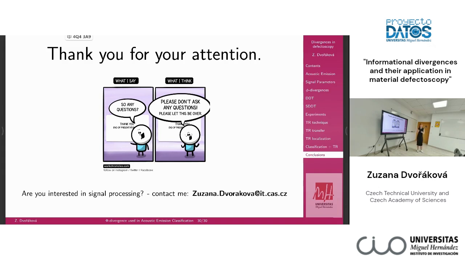And this is my work for the future, because after this, if I have lots of parameters, we can put them into some neural network and we can classify very well. For this data set, I had only a few measurements, so it's not necessary to apply a neural network if you have 100 measurements of the signals. But in future, we will use neural networks in connection with phi divergences as signal parameters.